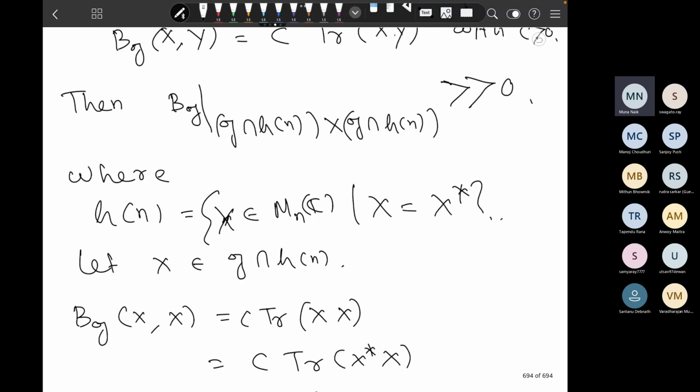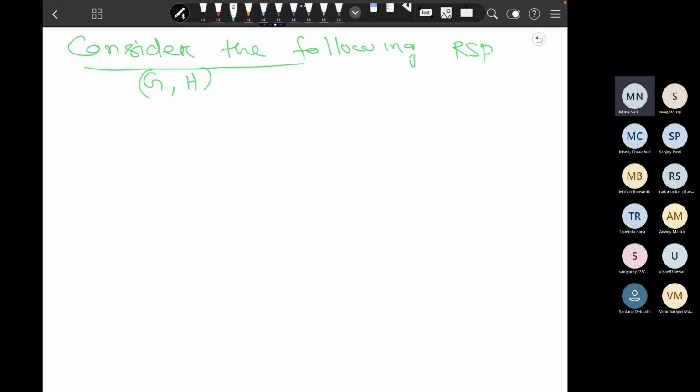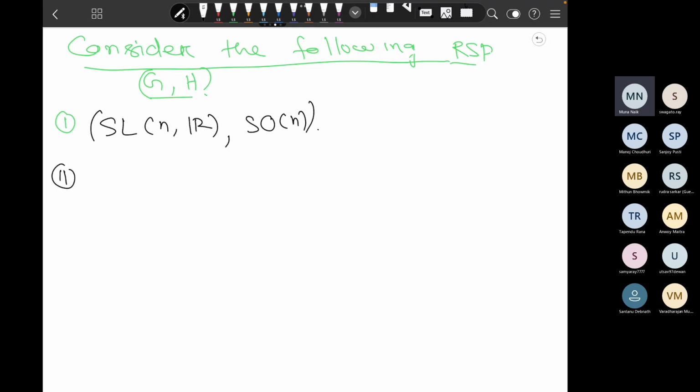Now we want to give some examples of non-compact Riemannian symmetric spaces. So consider the following Riemannian symmetric pairs G, H. First is SLnR, SOn, and second is SLnC, SUn.